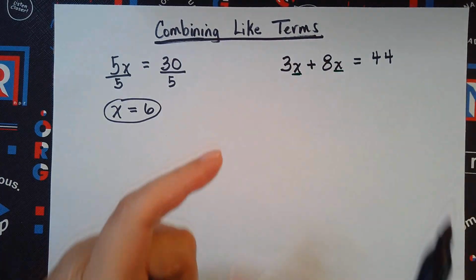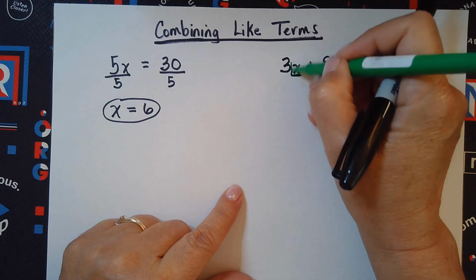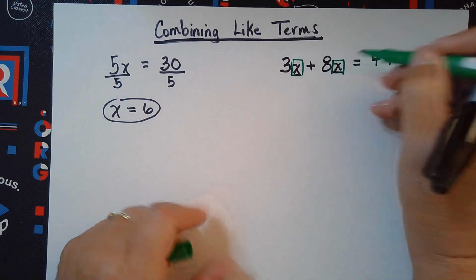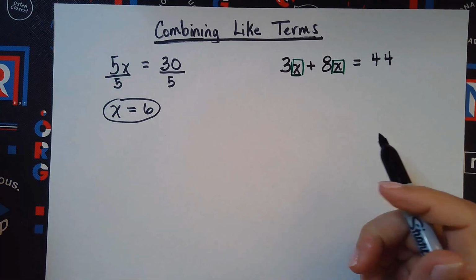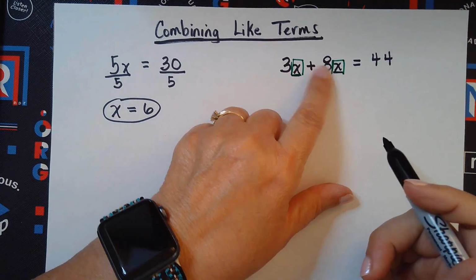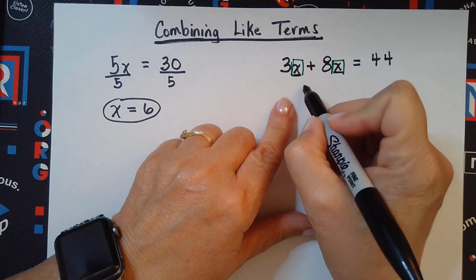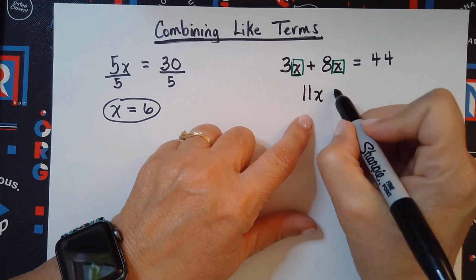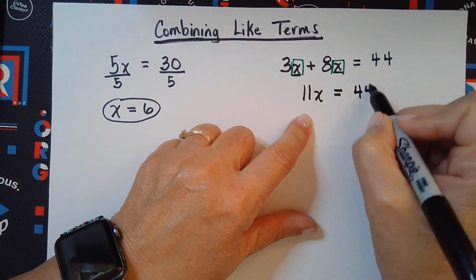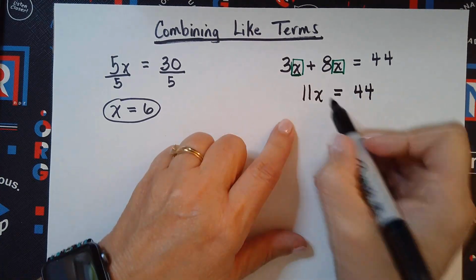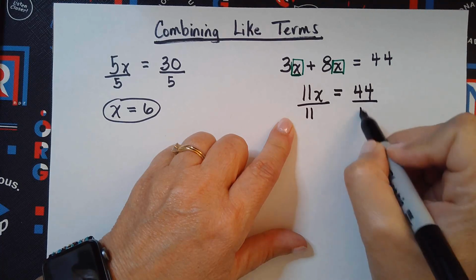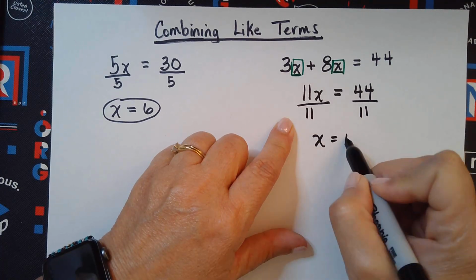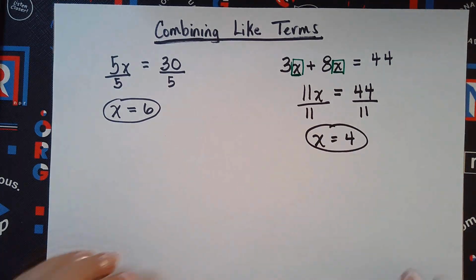They both have an x there. That means that we can just combine them. We don't have to do anything weird here. So 3x's plus another 8x's gives us 11x's all together. So we have 11x equals 44, and now we can go on and solve from here by dividing both sides by 11, so we get x equals 4.